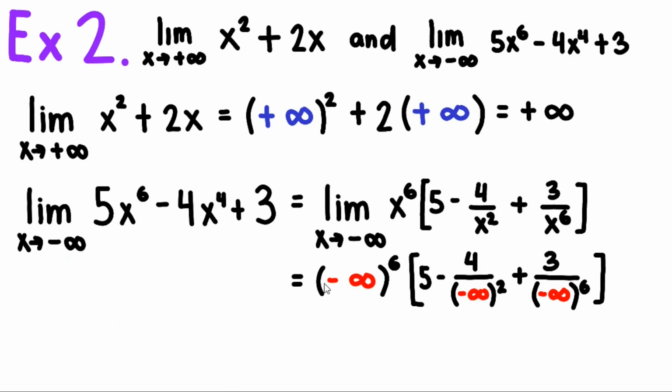So this one becomes 0, and so does the other one. So we'll just have infinity times a constant 5, or again, when we multiply a very big number by a constant, the outcome is still a very big number, or infinity. So this one out here is our final answer.